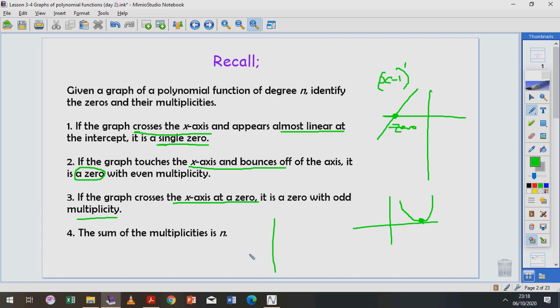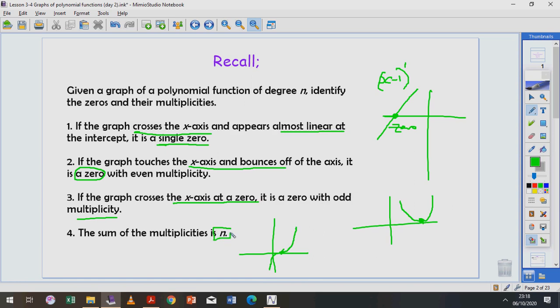If it crosses the x-axis at a zero, coming and then doing that sort of wiggle, then that is odd multiplicity.